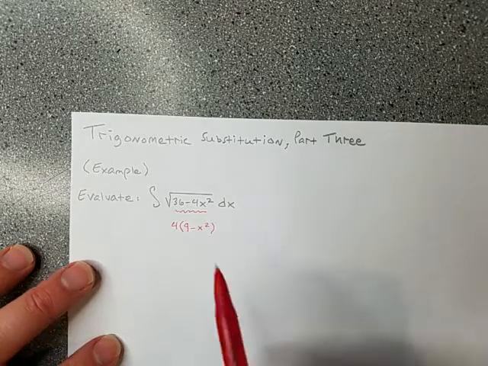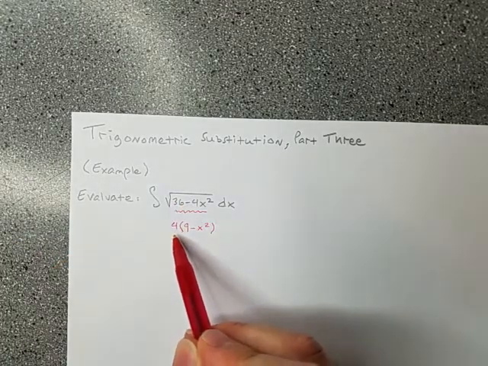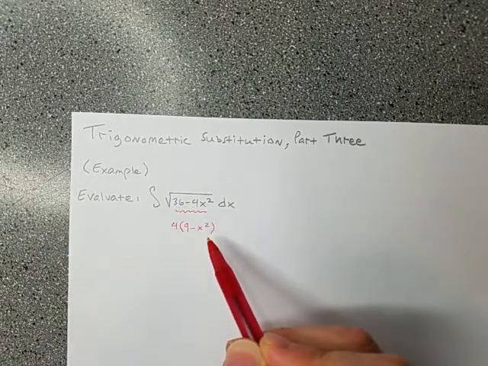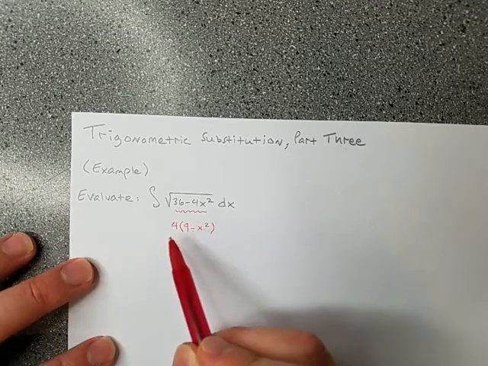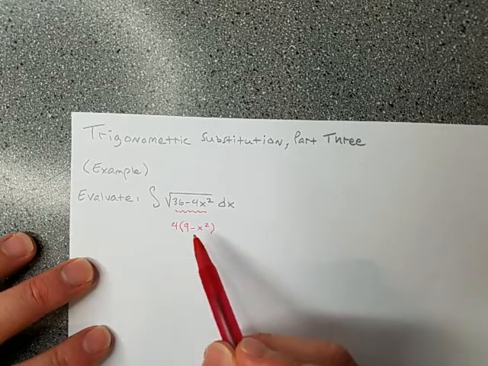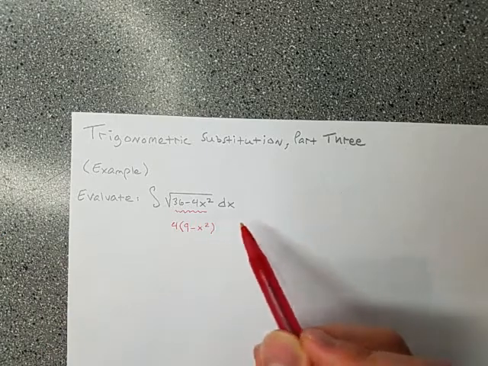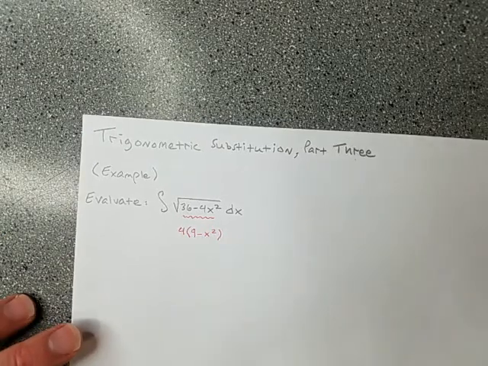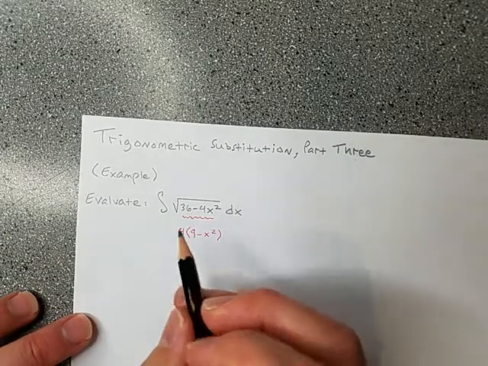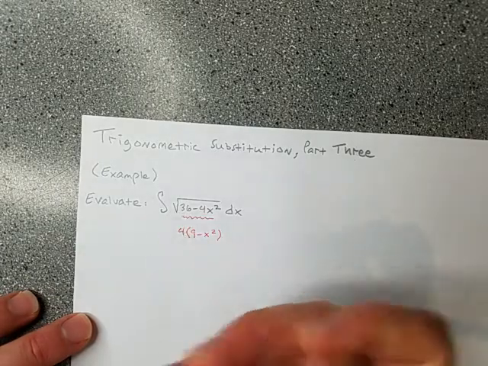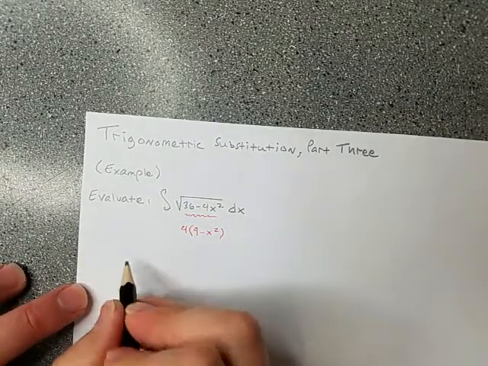So under the root here, I'm looking at a 4 and a 9 minus x squared. And square roots apply across multiplication, so you could see this as root 4 times root 9 minus x squared. When I bring this 4 out of that root, it's going to be a 2. That's all I'm really trying to say.